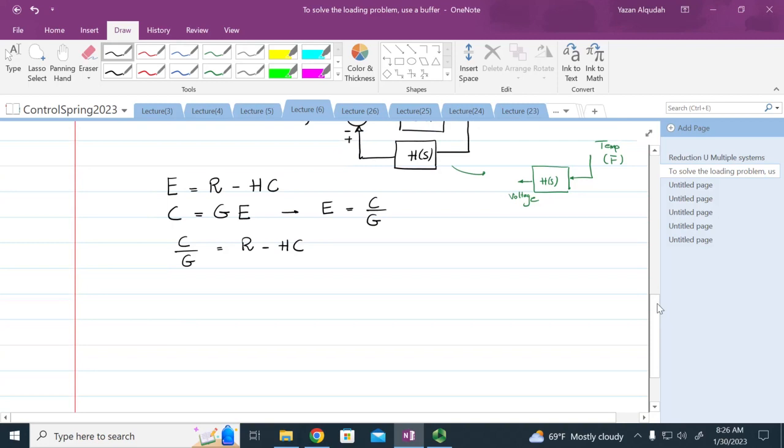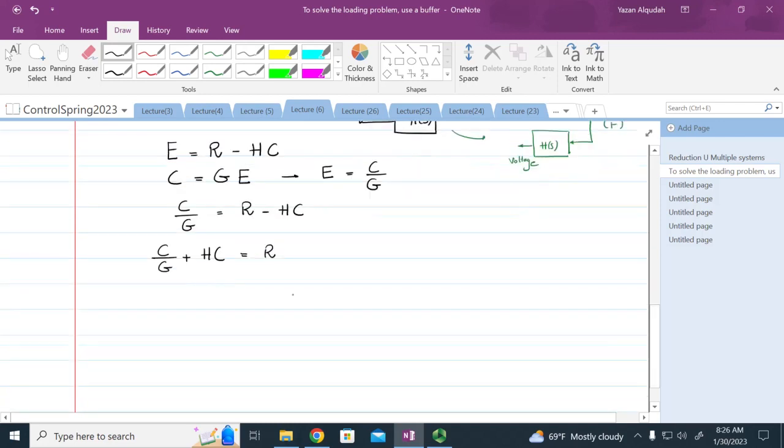I'm going to move the HC to the other side. I'm going to get C divided by G plus H multiplied by C equal to R. I'm going to take C as a common factor.